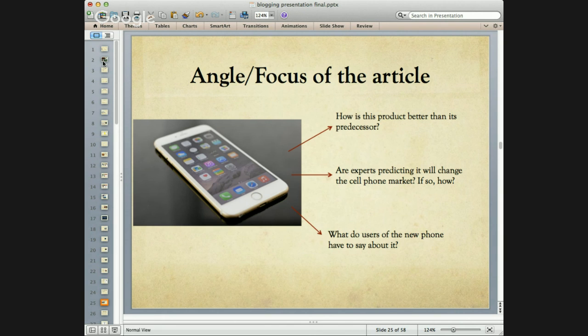You could talk about what users of the new phone think of it. You could apply these types of questions to any research finding. So thinking about what makes the most interesting story, or perhaps writing a series of stories that explore those different parts of the research, is an important first place to start when you're thinking about the kind of story you want to write.